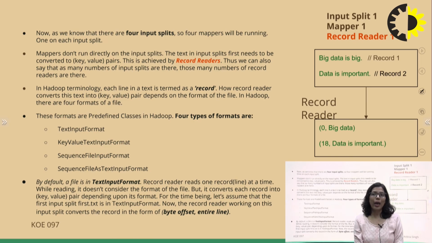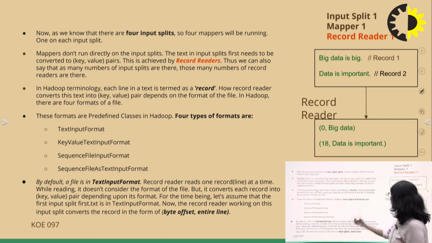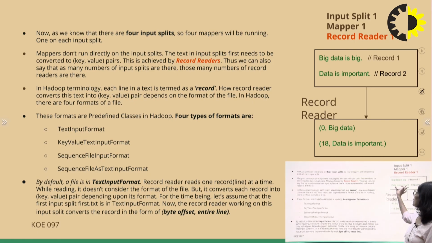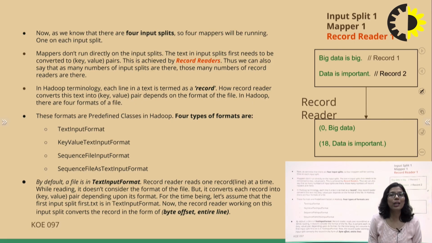Now we have to understand that a mapper only works on key value pairs. This is the data of one input split, and it is not a key value pair. The map function, or map task, only works on key value pairs. So our first task is to convert this text into key value pairs.